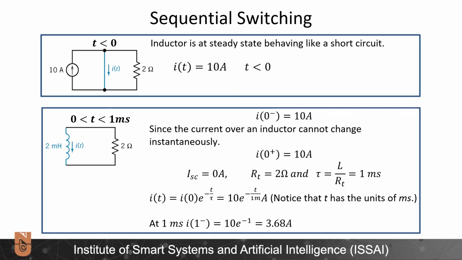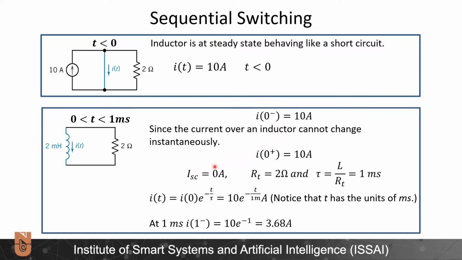When the inductor is at steady state, when t is less than 0, its current will be equal to 10 amperes. And obviously, just before the switch changes its state, I0 minus, which just denotes a very small time interval before 0, will be 10 amperes as well.